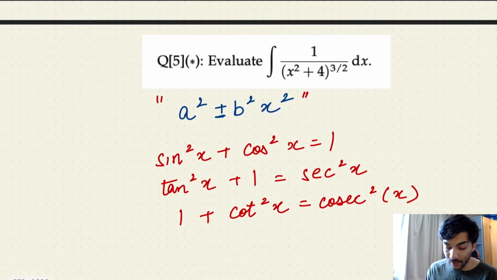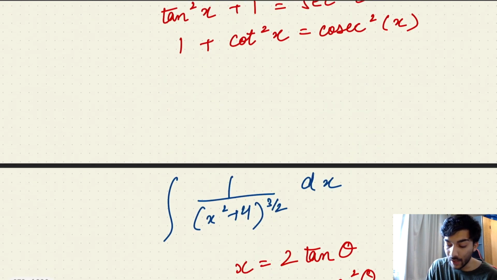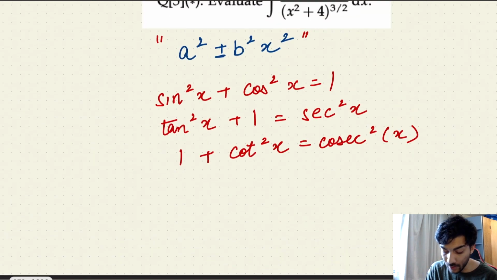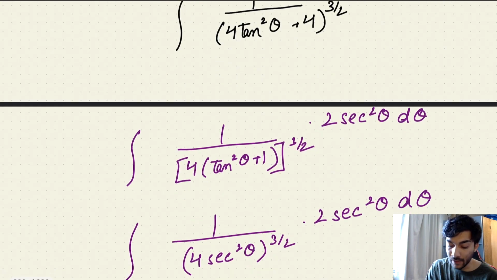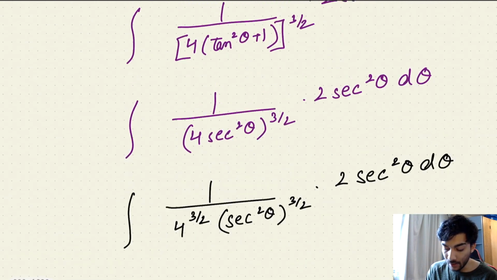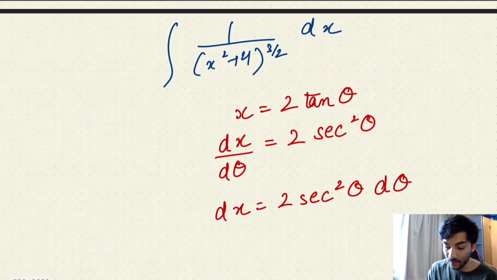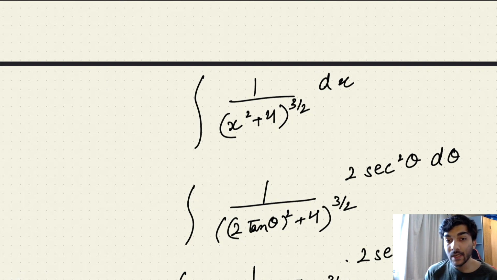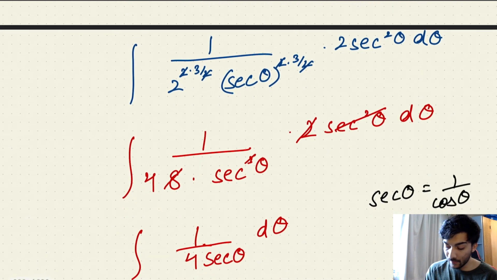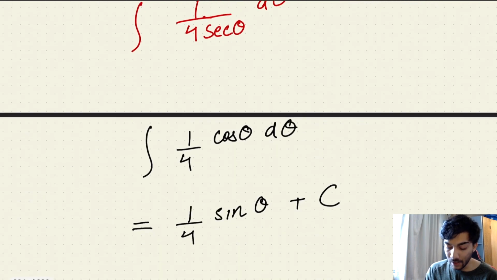That is why whenever you have an expression in terms of a square plus or minus b square x square, you have to convert your x into a new trigonometric function and use one of these three trigonometric identities to simplify your original indefinite integral, just like we did in this question when we assumed our x to be 2 tan theta. Following all those substitution approaches we covered in the last videos, we reduced our original integral to just calculating the integral of 1 by 4 cos theta d theta.